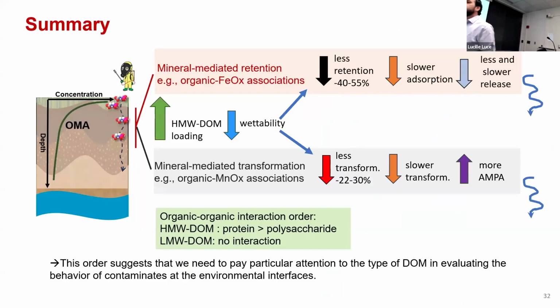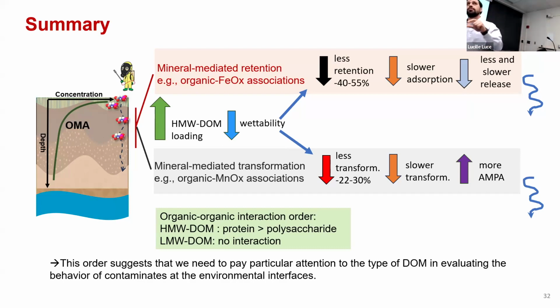So I'm going to summarize the entire four acts. What I learned is this: when we have a low-surface-area material, like minerals in soil, and we add more organic matter into the soil and form more organomineral association, the surface is going to be more hydrophobic and less wettable.